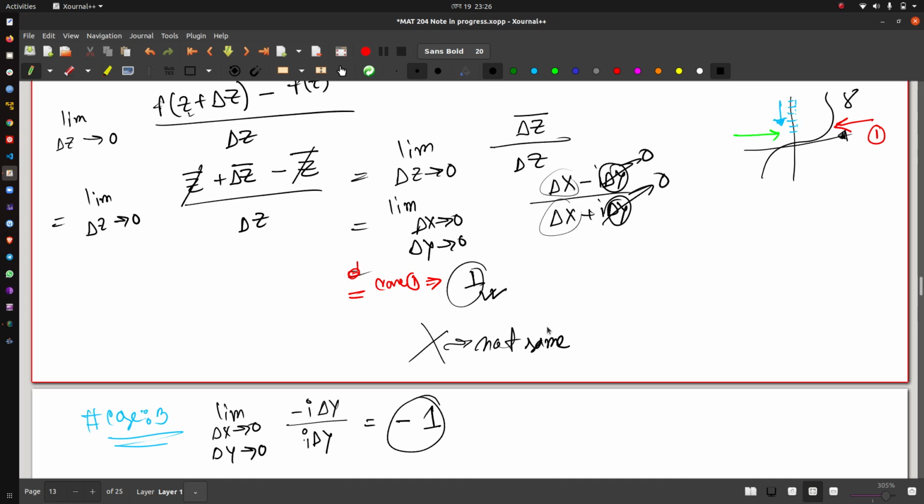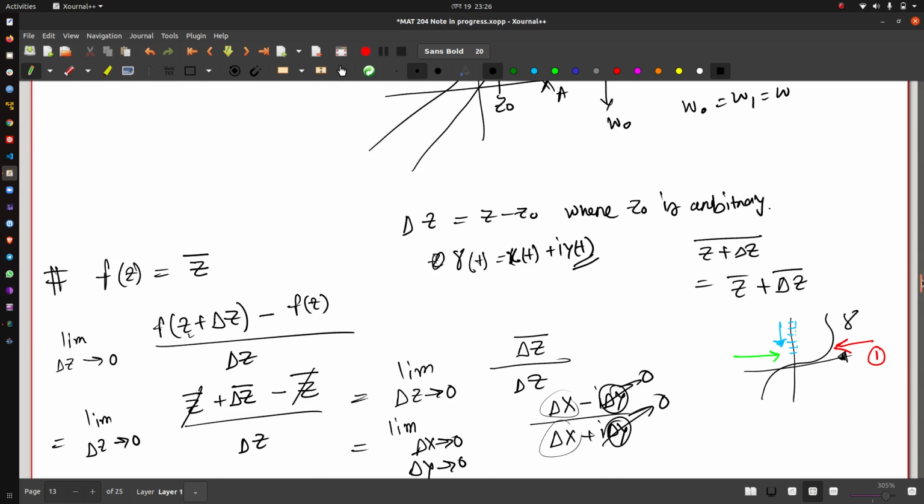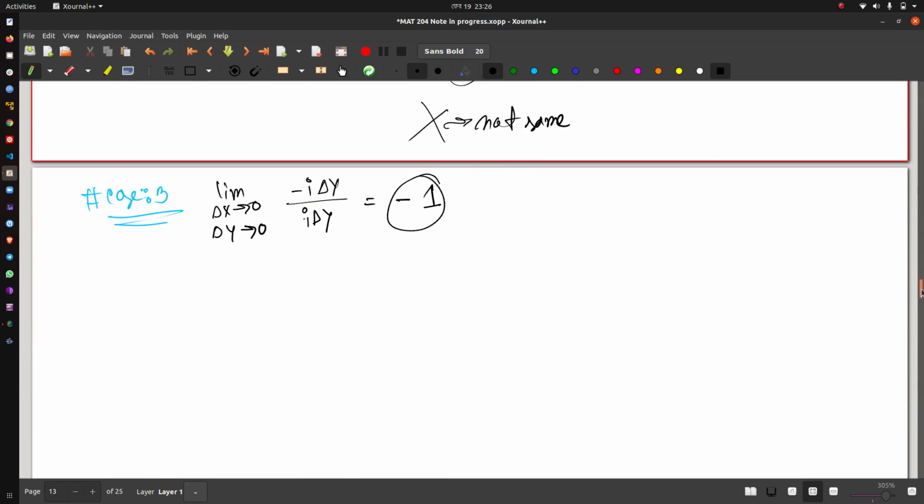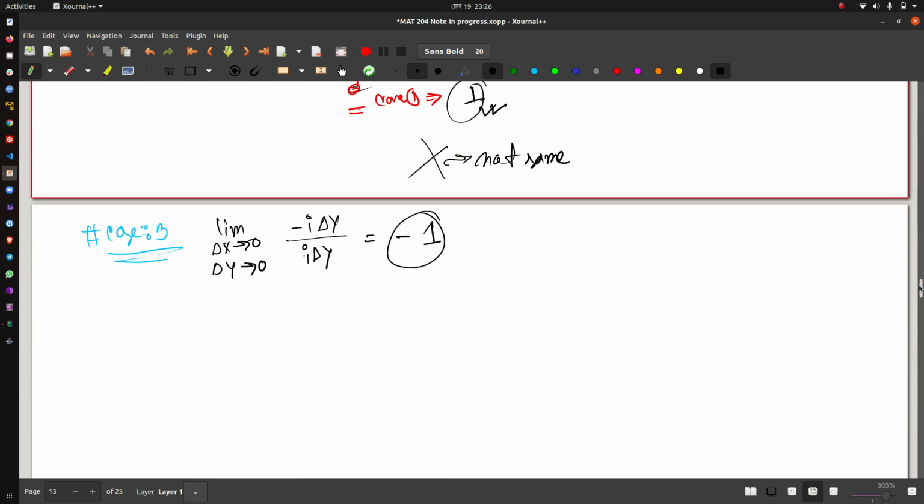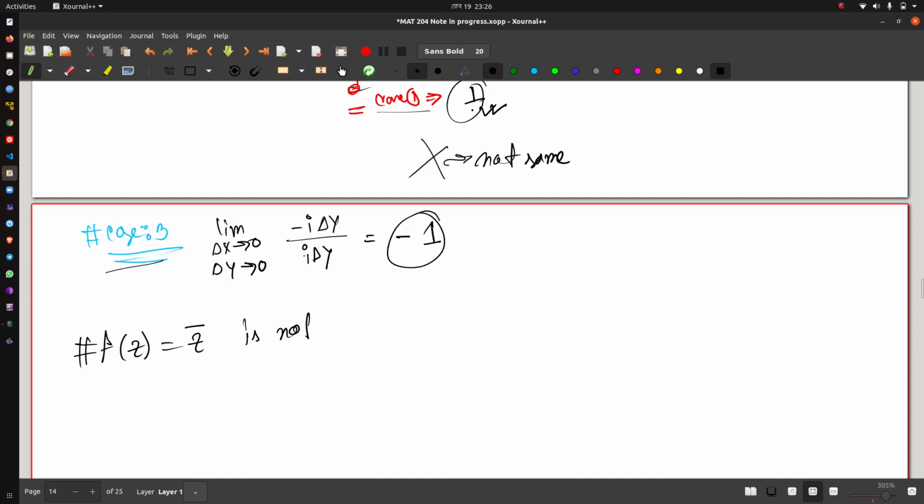And since we were doing it for any arbitrary points, remember, because here this del z was defined as z minus z naught, where z naught itself is arbitrary. So from case 1 and case 3, we can see that first of all, this function f of z, which is equal to z bar, is not differentiable.